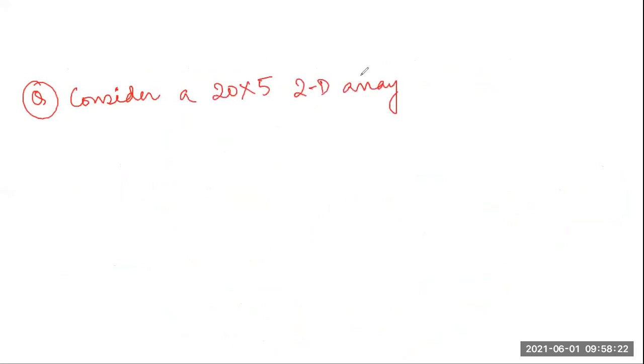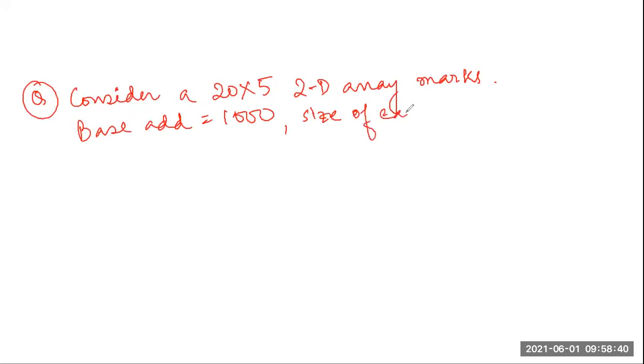The name of the array is marks, where the base address is 1000 and the size of each element is 2.